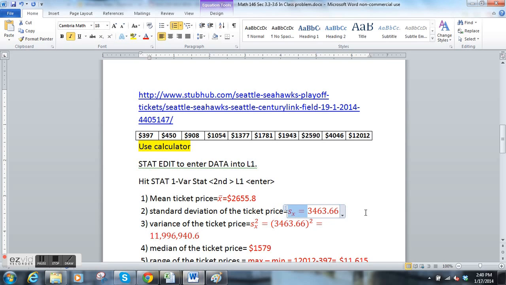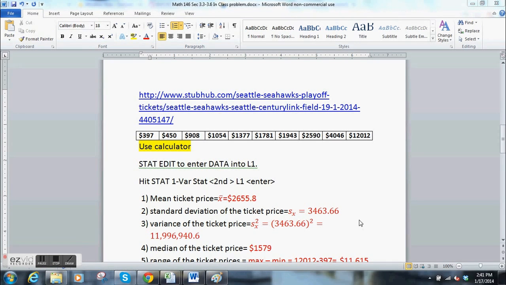Your calculator gives you Sx and sigma, the population standard deviation, but in this case, you're just going to use Sx. The calculator writes the sample standard deviation as Sx equal to 3,463.66. You can use 2 or 3 decimal places. I'll tell you on a test, but 2 is fine for the purposes of this problem.